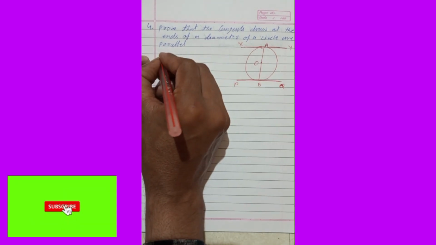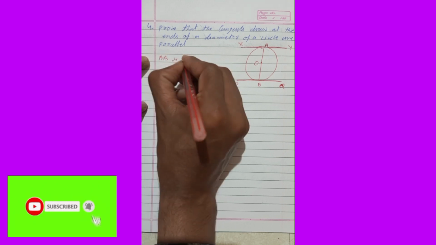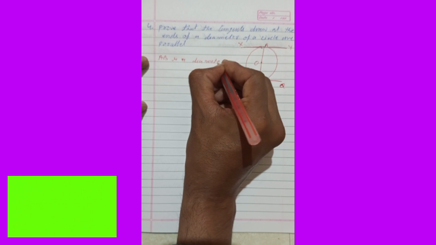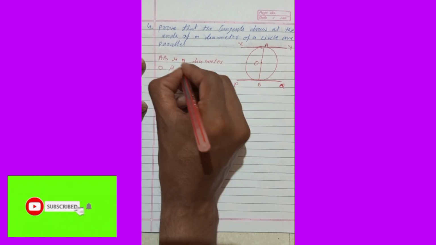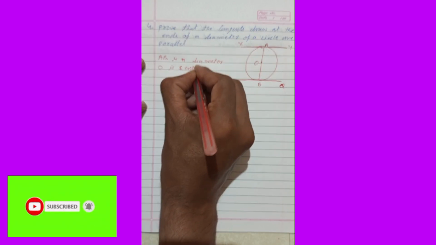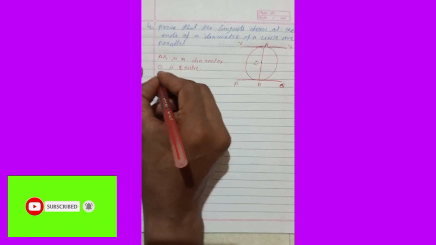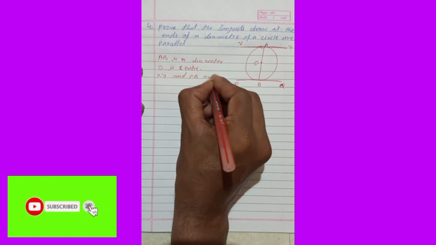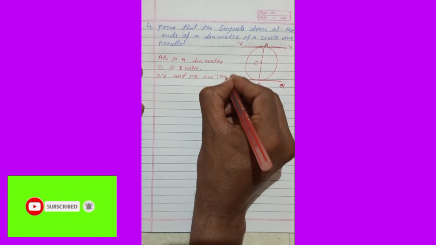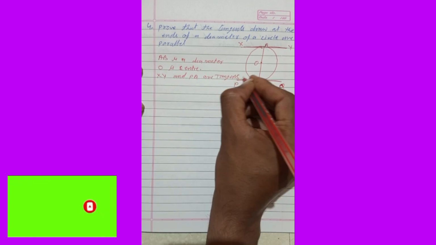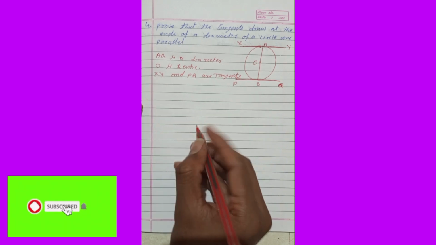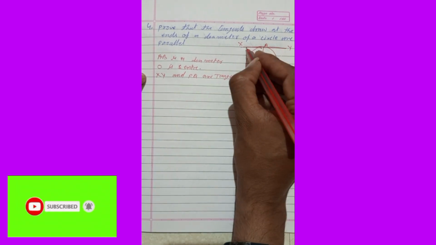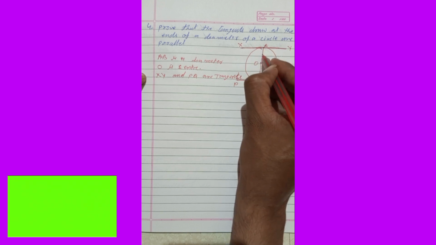Now we know, let AB be a diameter. It is given. O is the center. XY and PQ are tangents drawn at the ends. We know a tangent is always perpendicular to the radius.